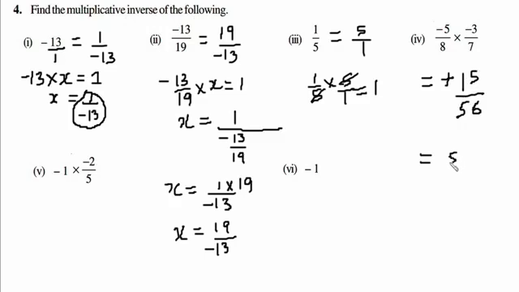That is 56 over 15. That is your required reciprocal. Now here, first we will solve it. Minus 5 into minus 2 gives you 2, because minus minus is plus, 2 into 1 is 2 over 5. Now flip it. 5 over 2 is your required reciprocal.